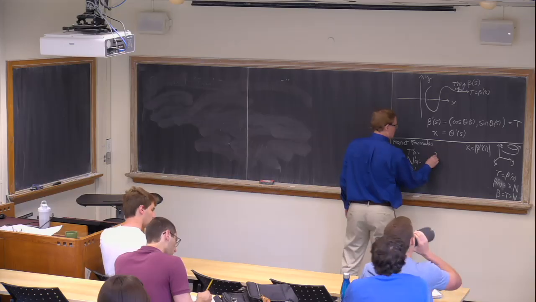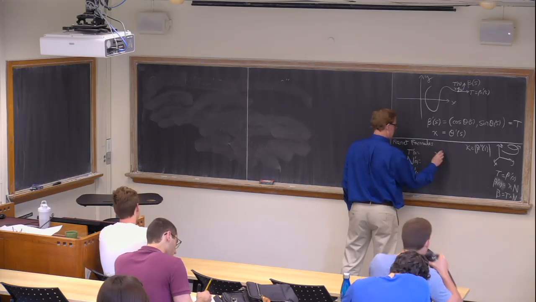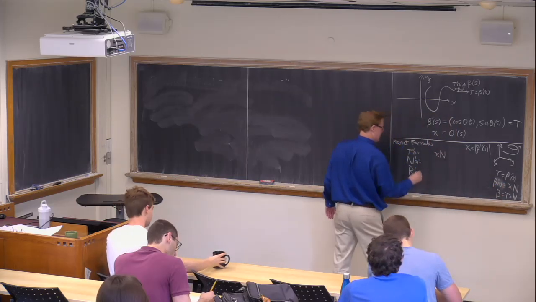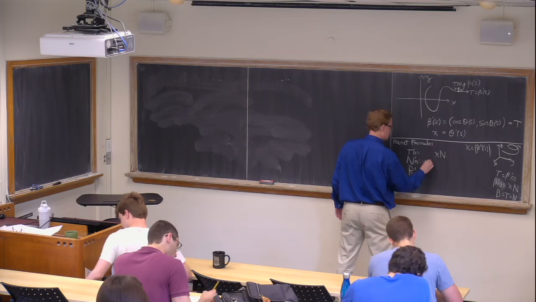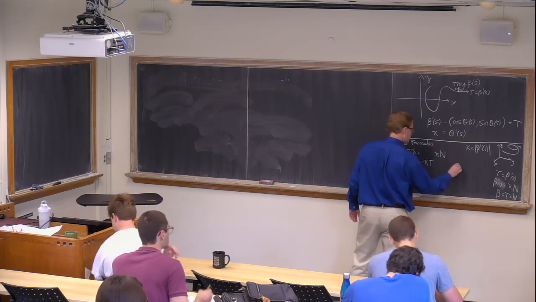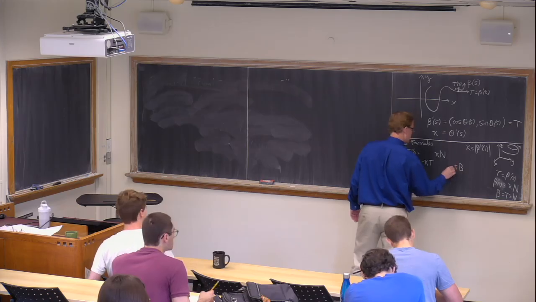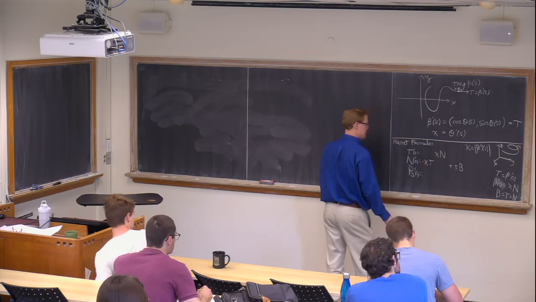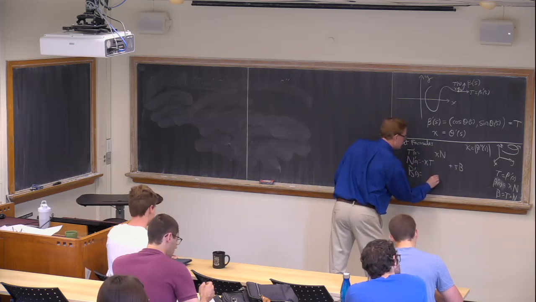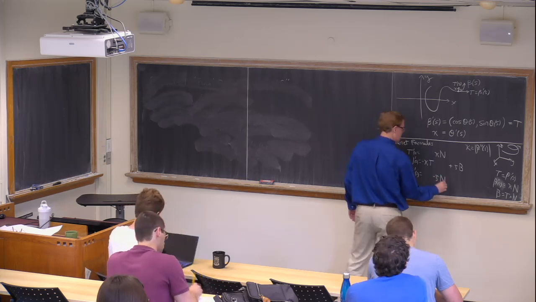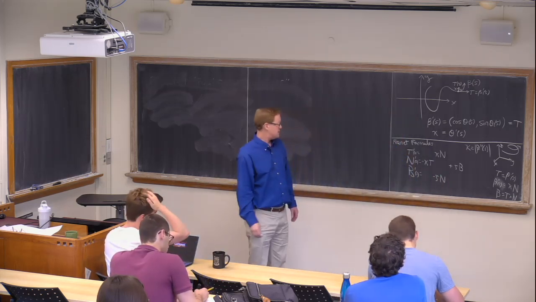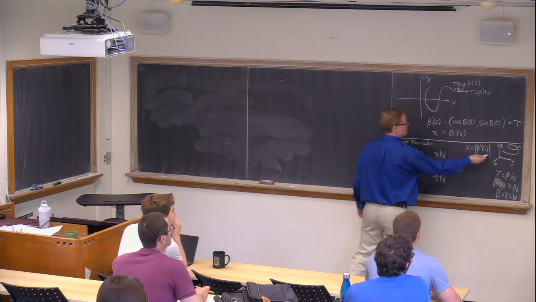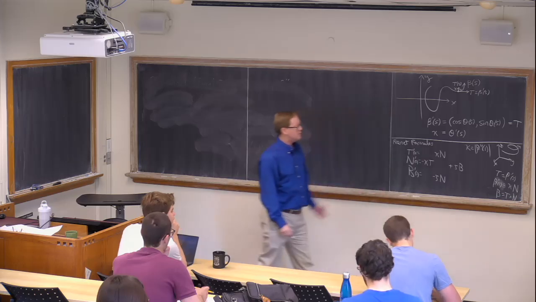T prime equals kappa times N. And then by anti-symmetry, N prime has a negative kappa T, and then somewhere B here, plus torsion. The torsion was just defined as wherever that coefficient was. And by anti-symmetry, we have a minus torsion times N here. I think these were the Frenet formulas. Am I right? T, N, and B? I think so. And so then we have this notion of curvature of a curve equaling the length of beta double prime of s.